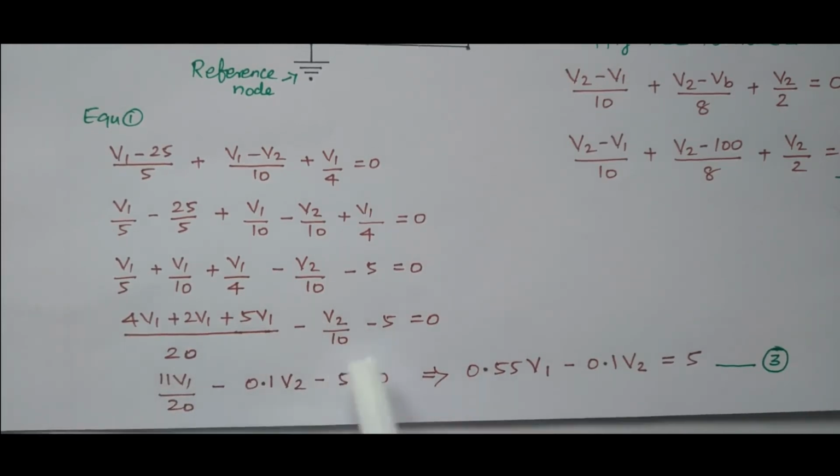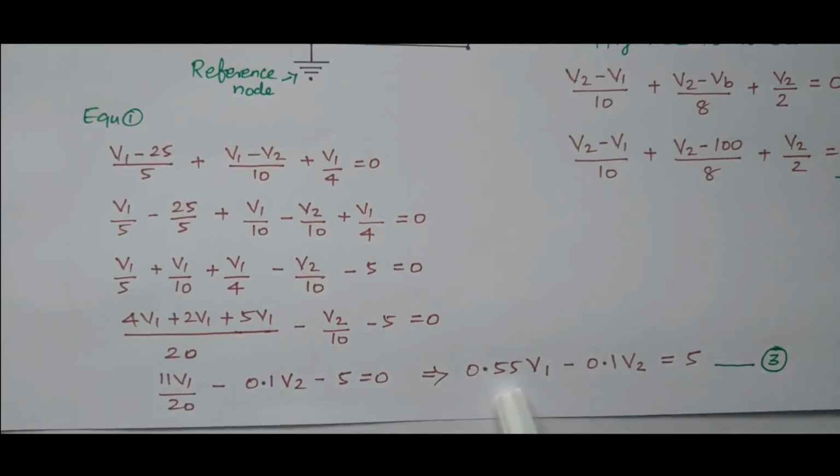Minus V2 by 10 minus 5 equals 0. So 4 plus 2 is 6, 6 plus 5 is 11, so 11 V1 by 20. V2 by 10 can be written as 0.1 V2, since 1 by 10 is 0.1. Minus 5 equals 0. So 11 by 20 is 0.55. By simplifying, 0.55 V1 minus 0.1 V2.